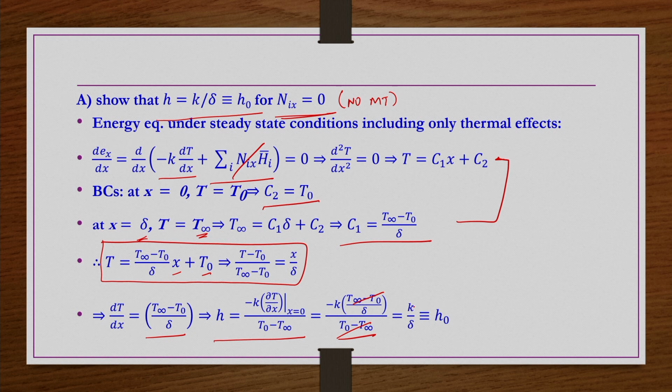So minus of minus gives plus k divided by δ, which is a constant. That constant we are calling H0 as per the problem statement. So, this is the first part.